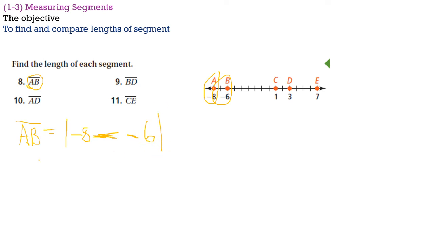Then that equals the absolute value of negative 8 plus 6, which equals the absolute value of negative 2, which equals 2. The rest are exactly the same idea. Make sure that you practice them.